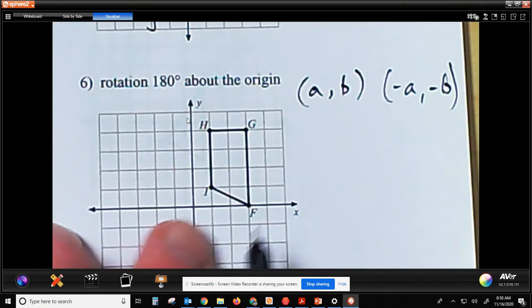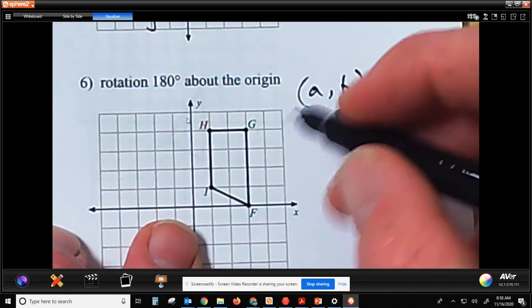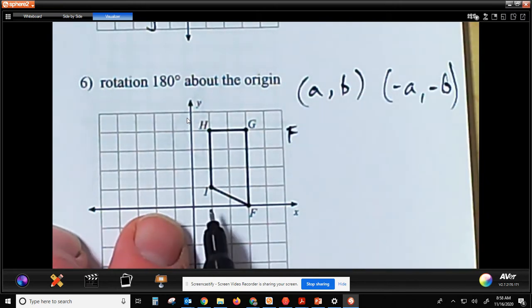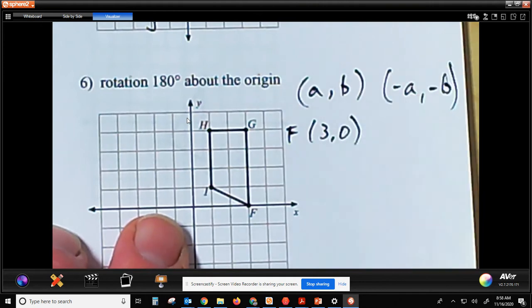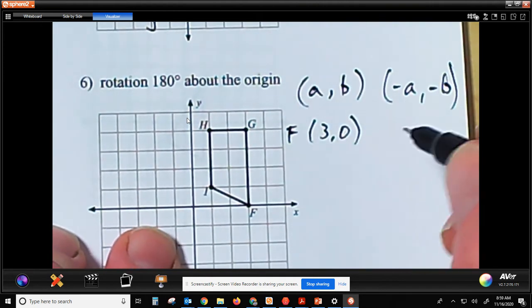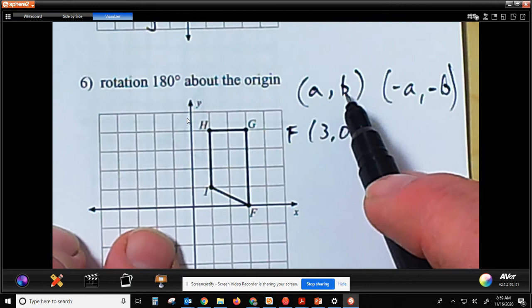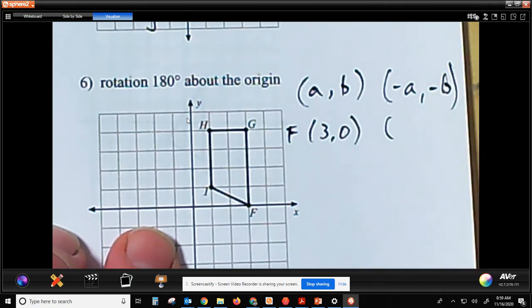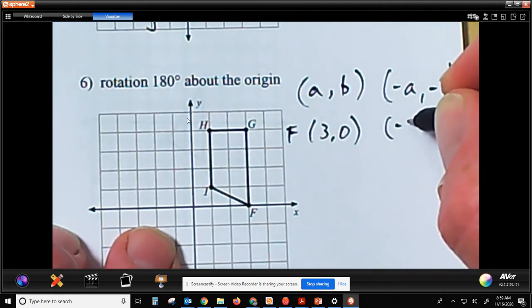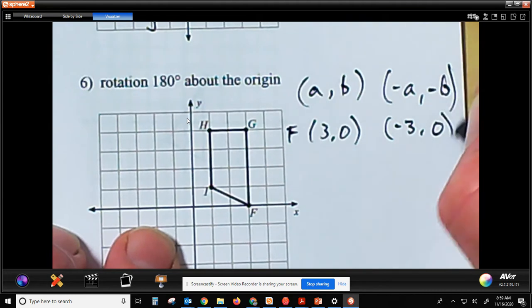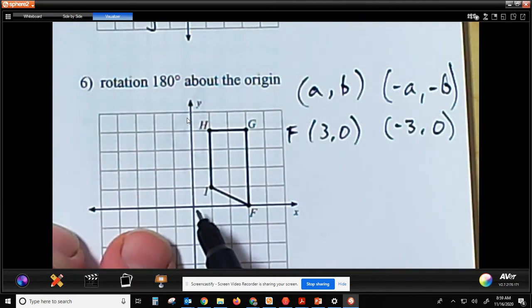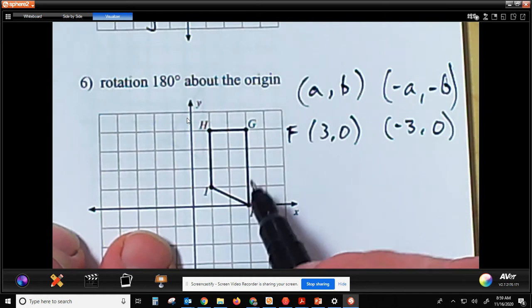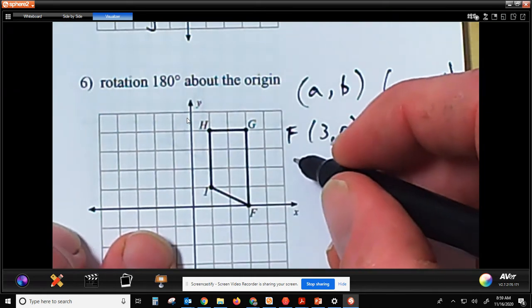All right, so I can do things like, let's do F. 1, 2, 3, 3, 0. So the transformed just takes A and B and changes their sign. 0 has no sign, so it's negative 3 comma 0 for 180 degrees rotation. G is 1, 2, 3, 1, 2, 3, 4.